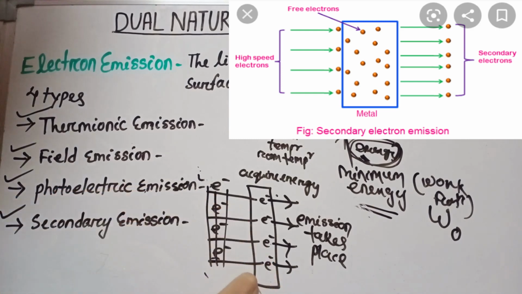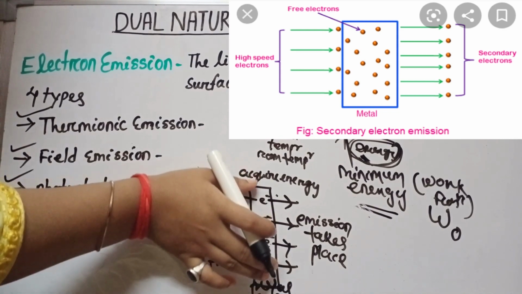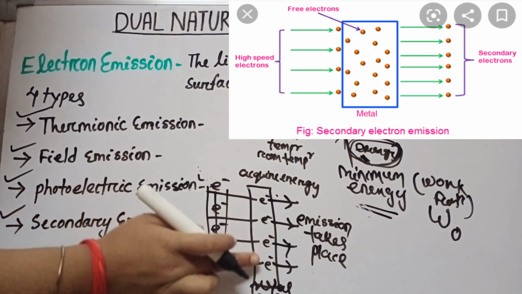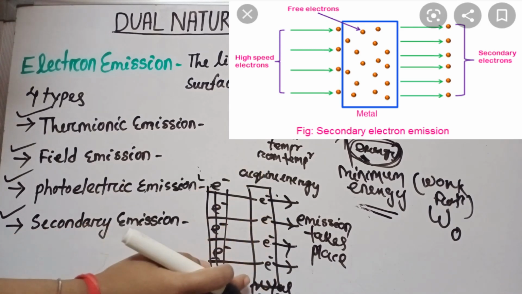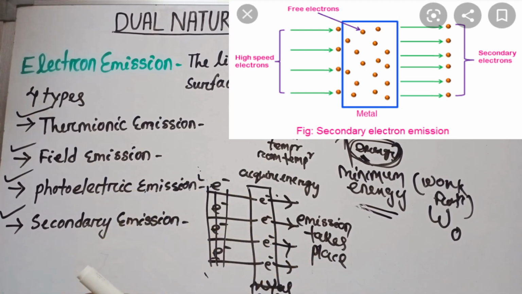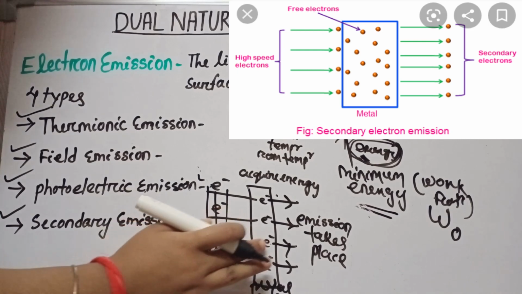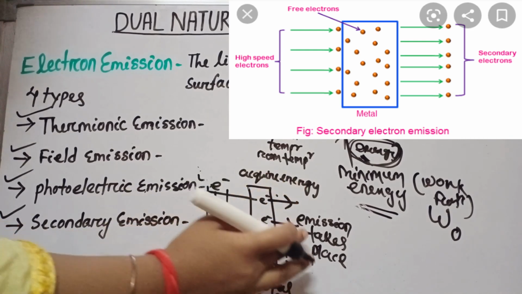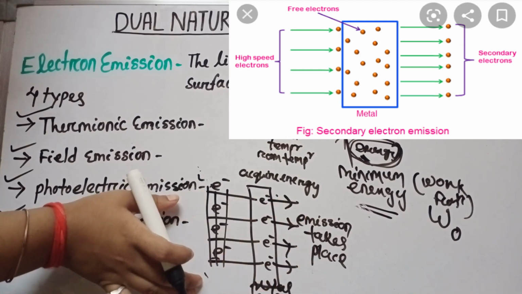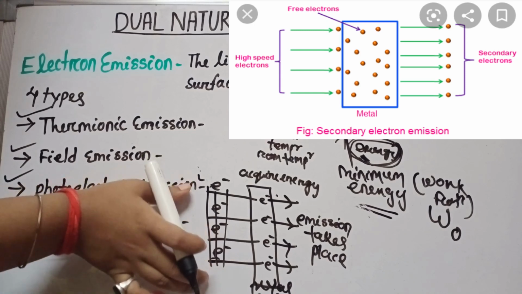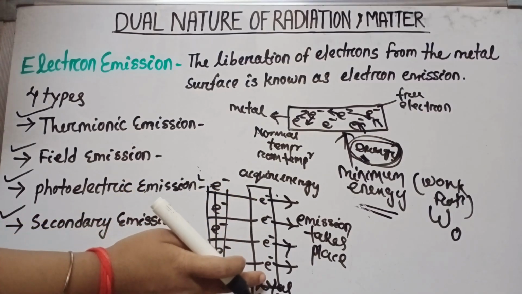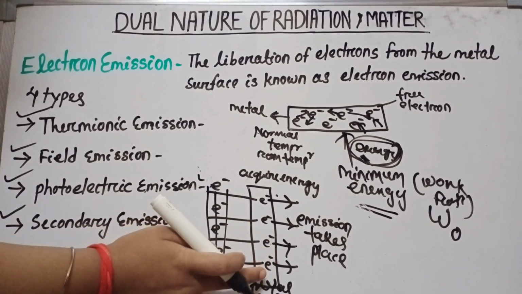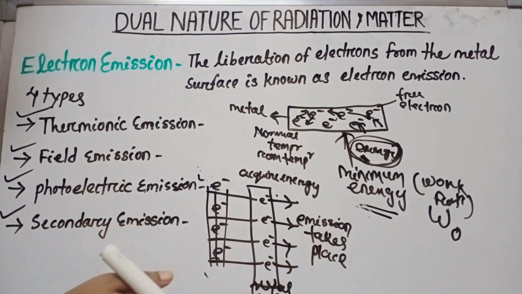When the fast moving electron beam strikes the metal surface, the free electrons in the metal surface vibrate, acquire energy and are able to emit from the metal surface.